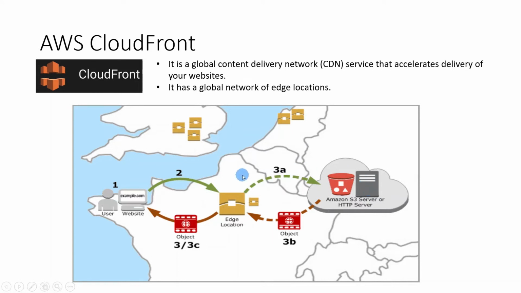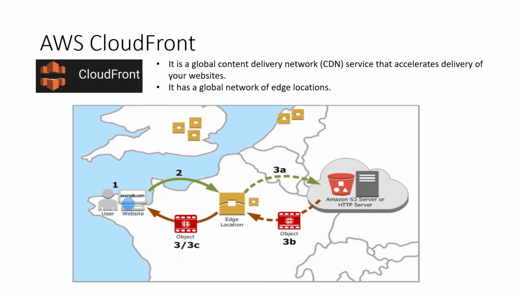Now, in case of CloudFront, there are edge locations located close to the user. Again, in the same scenario, if the user hits example.com, the request would first go to the edge location, and if the data is not present there, the edge location would pass the request to the original server where the website is hosted. The object is fetched from that server and stored in the edge location, and that object is returned back to the user.